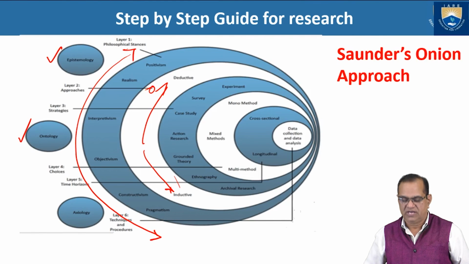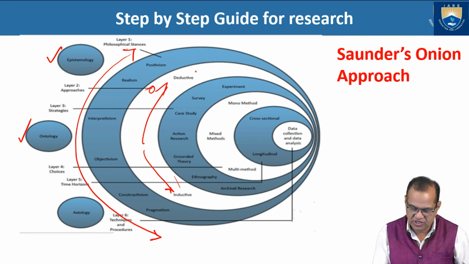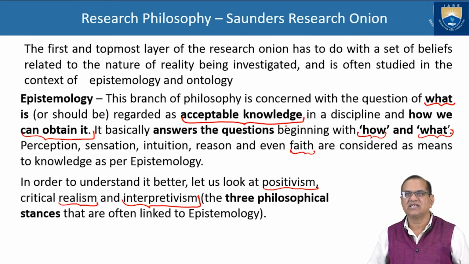So here we have this one and this one we have done. Now this is the 3, this is the 4, this is the 5 and this is the 6.